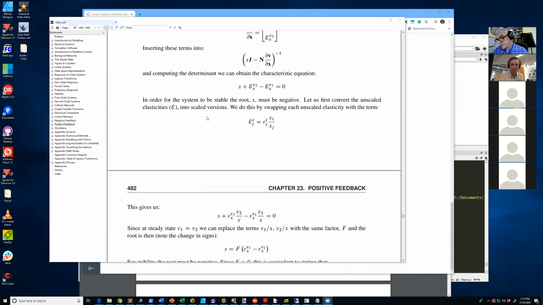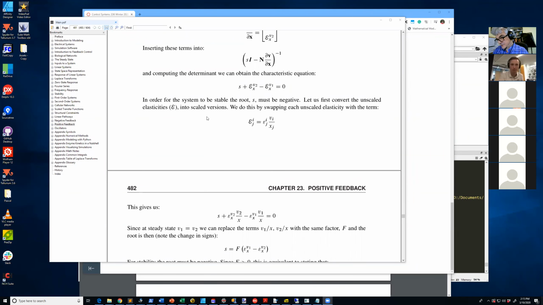So now, of course, the transfer function is in terms of these unscaled derivatives, because we've linearized, so we get these dv by dx's. And these are expressed using this big epsilon, so these are just the derivatives dv by dx.